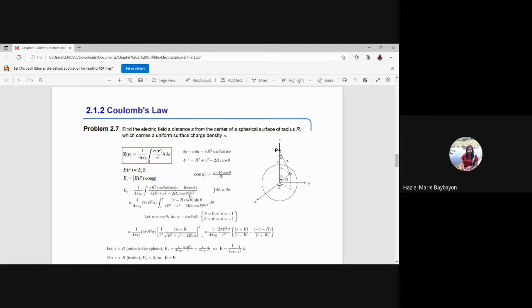So you have your r here. The magnitude of r is equal to the square root of r squared plus z squared minus 2rz cosine theta. So in the denominator, you have this factor raised to 3 halves, because you already have r squared and then 1 half, so you have 3 halves.